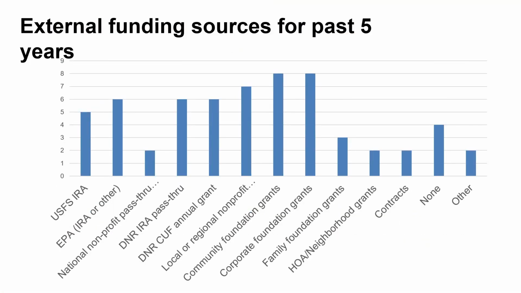Then we asked you, okay, external funding. Where are you getting your external funds? So from the past 5 years, folks were thinking about. This is a little hard to navigate, but I'll point to the two largest bars there being community foundation grants and corporate foundation grants, which I thought was really interesting. Community foundation was mentioned yesterday, or maybe it was today, as a great source of funding.